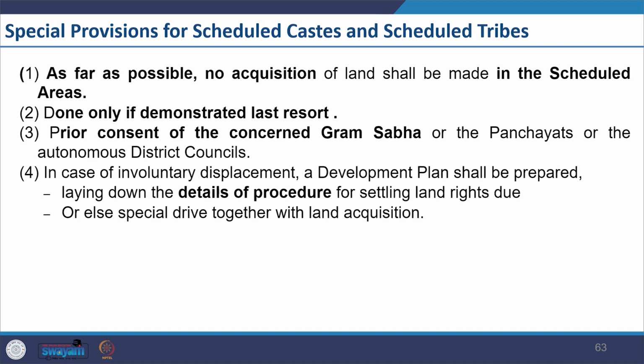So in case of projects where involuntary displacement takes place, a detailed development plan has to be prepared, putting out how the rights are settled. Everything has to be taken care of.